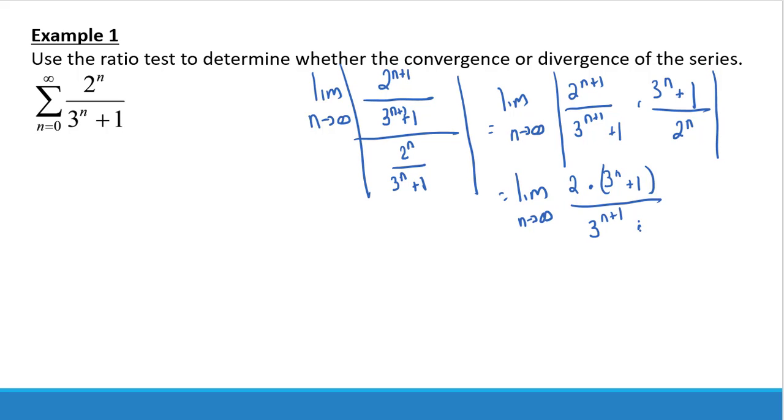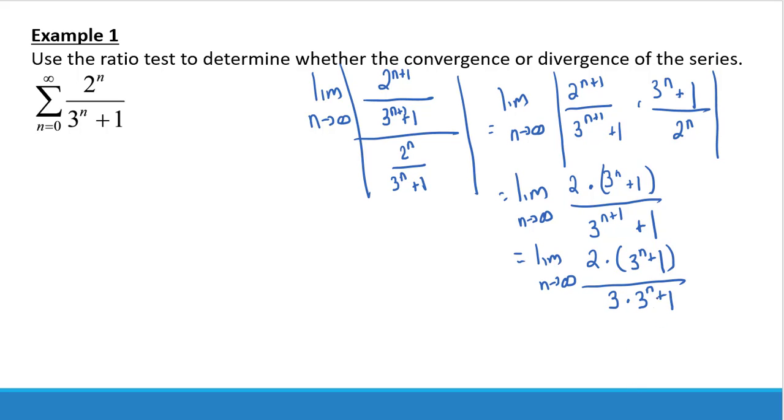Okay, so as this gets really, really big, I'm going to do a little bit more algebra here just so you can see something. And then on the bottom here, I'm going to have 3 times 3 to the n plus 1. As I go to infinity, really the plus 1s don't really matter.